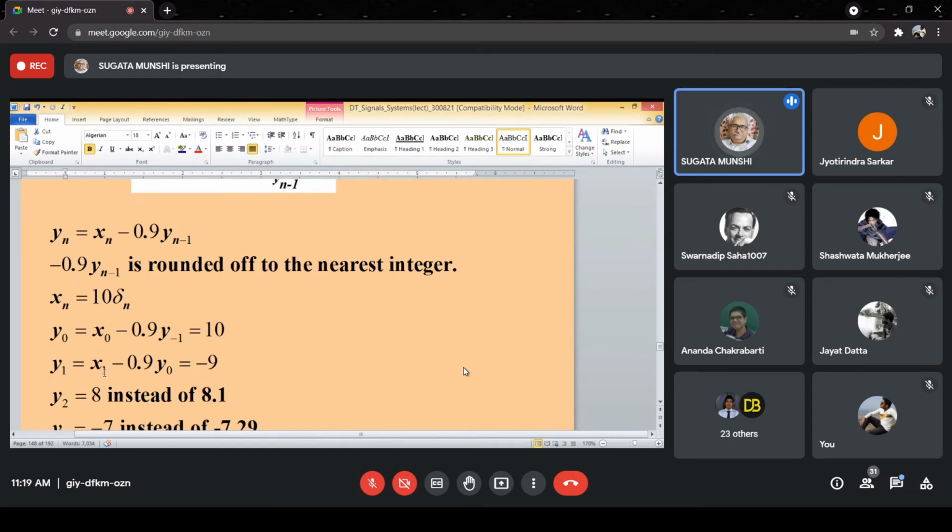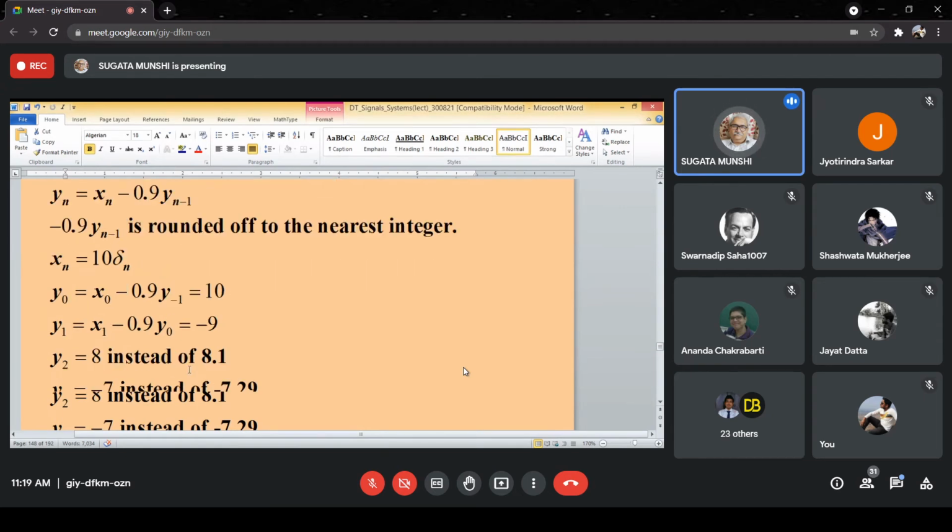So y[1] is 0 minus 0.9 into 10, that is minus 9. Fine. y[2] is how much? x[2] minus 0.9 y[1]. So that will be 8, 8 instead of 8.1.